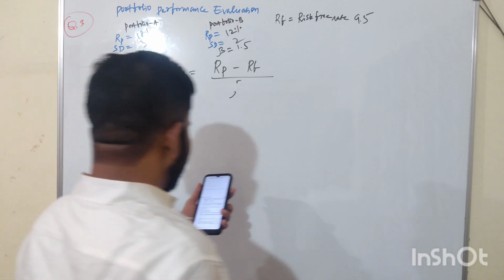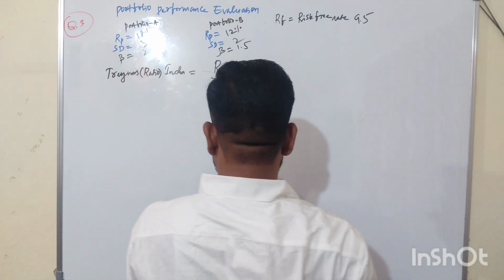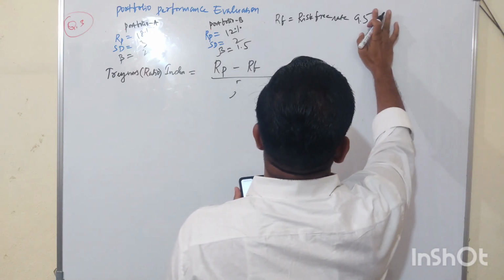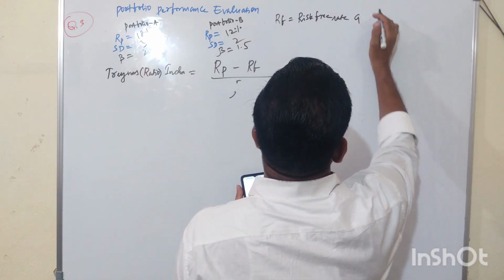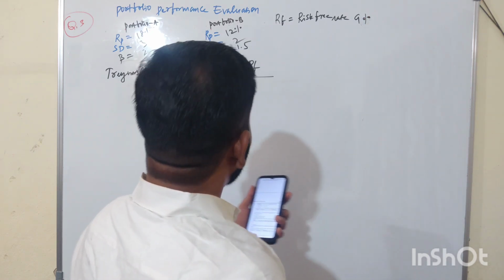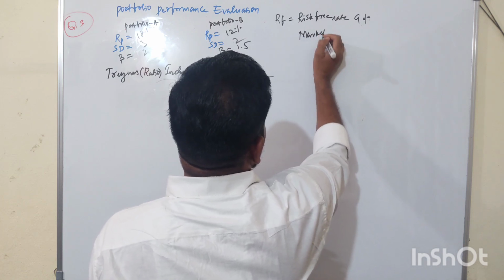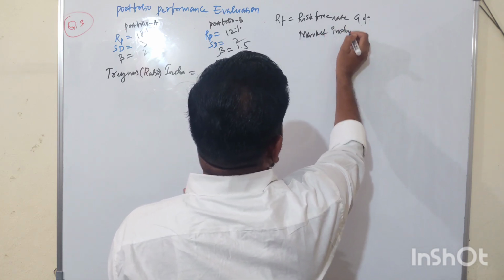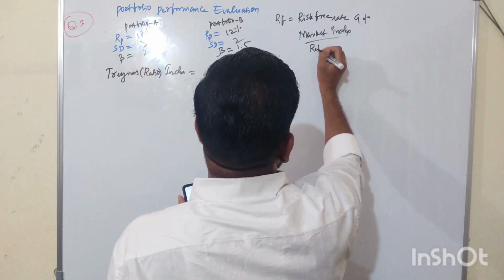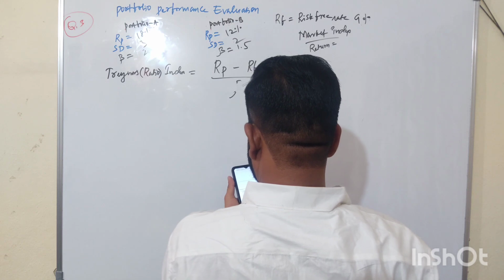Then the risk-free rate, 9.5? It's correct? No, not 9.5, 9%. Then market index is also given, so the market return is given.